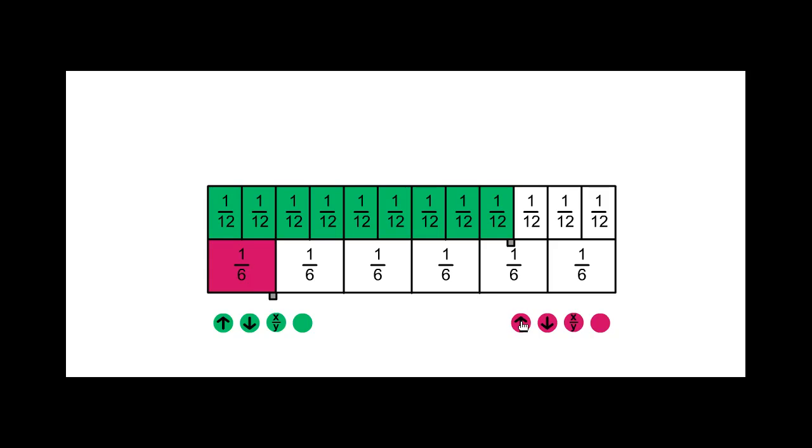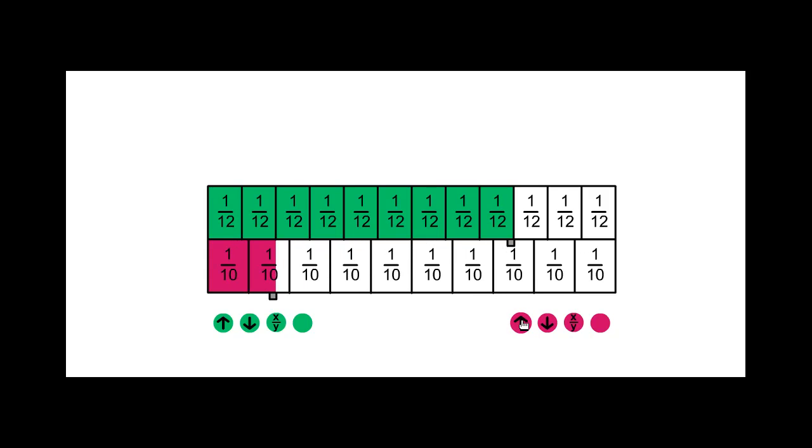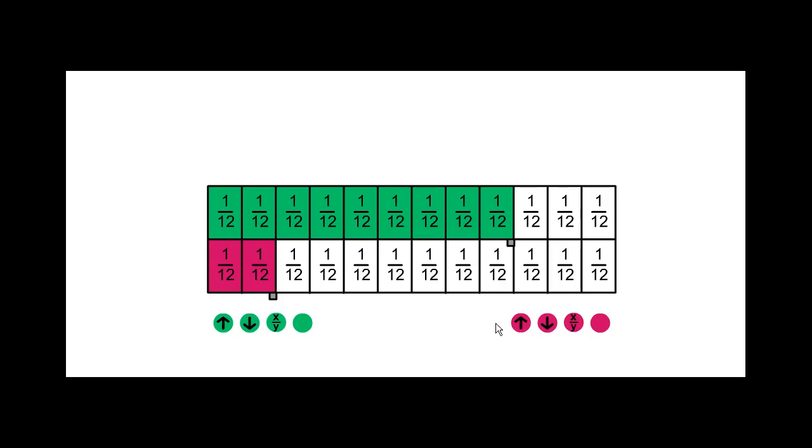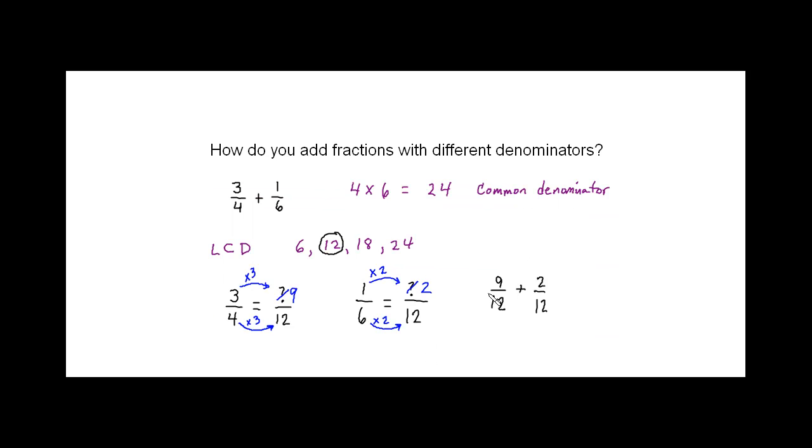I'm going to change the denominator to 12ths, and 1/6 is the same as 2/12. Now you can see that all of the parts are exactly the same size. So now we can easily add them together. So 9/12 plus 2/12 is equal to 11/12.